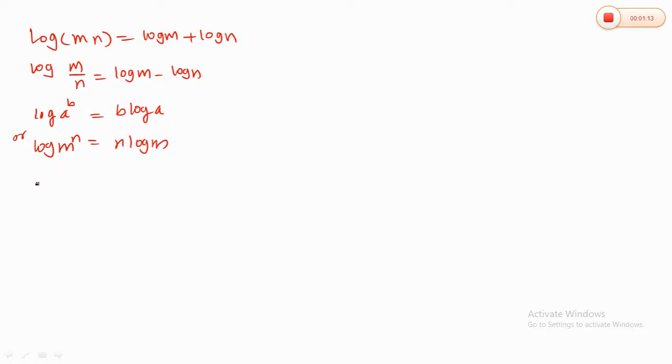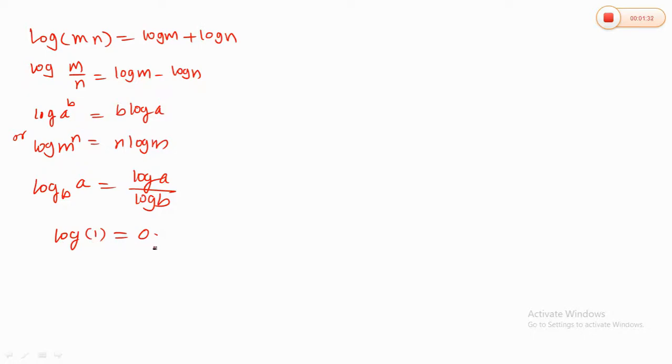Similarly, log of a to the base b is equal to log a divided by log b, change of base. And along with this, you must remember that log of 1 equal to 0.